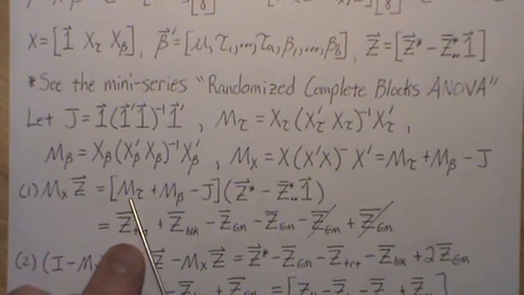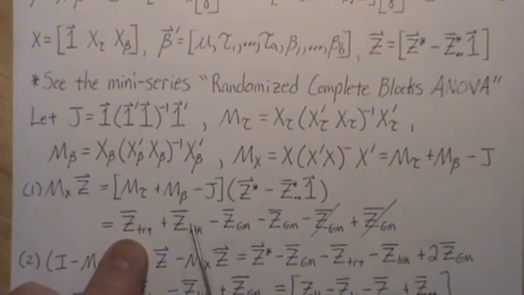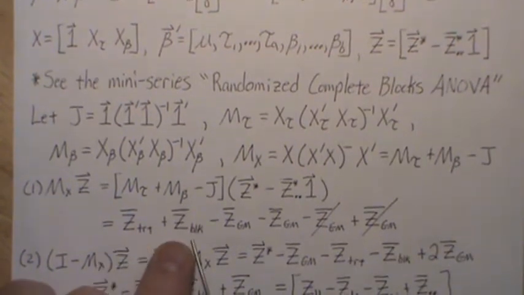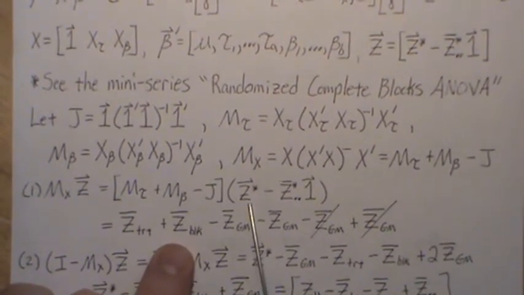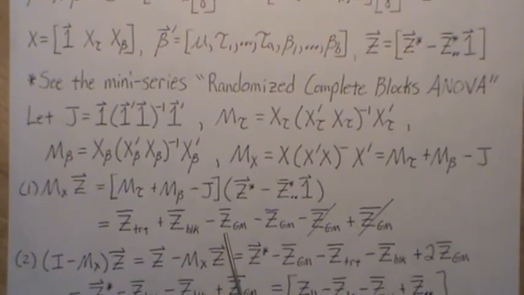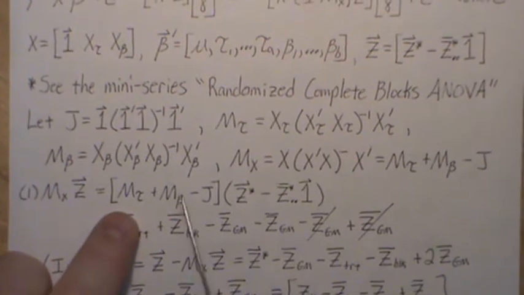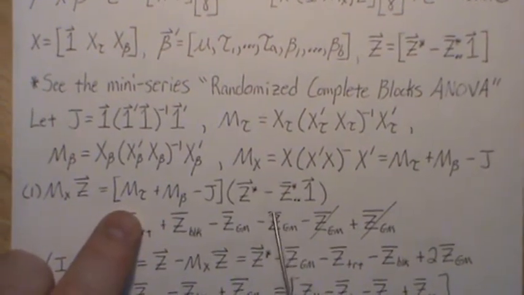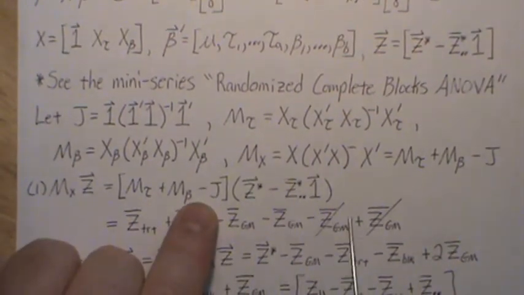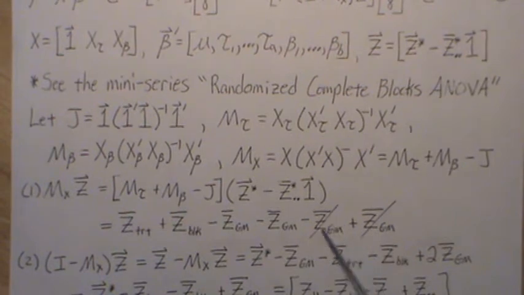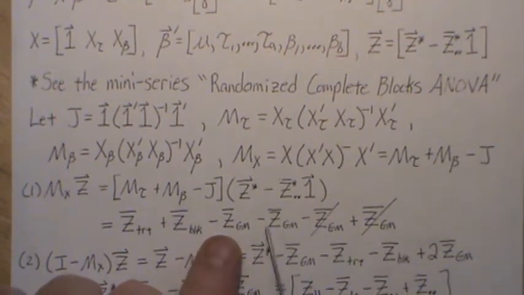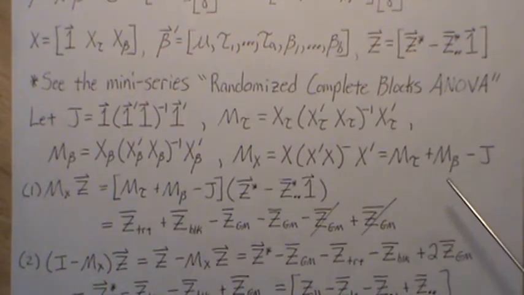So we take Z times M tau and we get a treatment mean, Z times M beta, and we get a block mean vector, and then Z times J, we get what's called a grand mean vector. Now this times this, we get it back, so we actually get a grand mean. Here we get a grand mean, and then it's plus a grand mean. Well, this plus and this minus cancel, and we're left with just this. Notice there's 2 of those, so technically we combine those and put a 2.